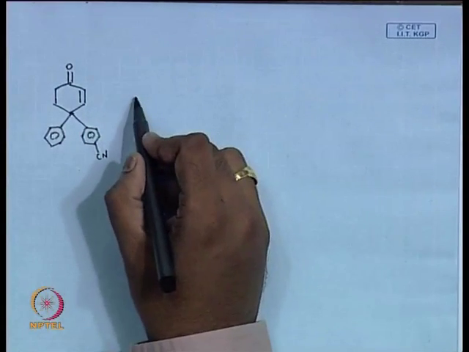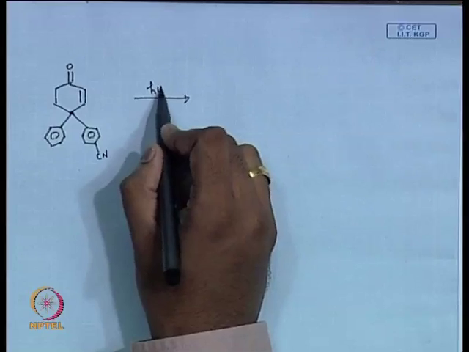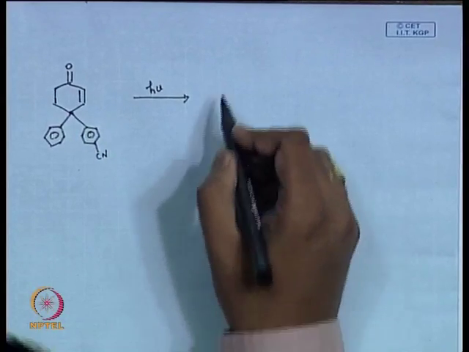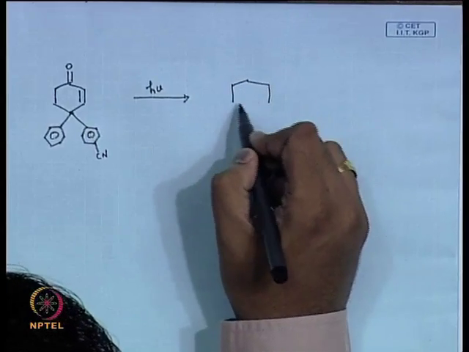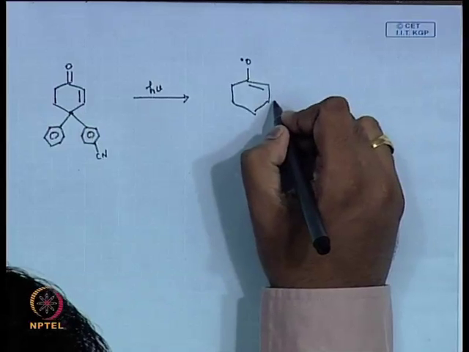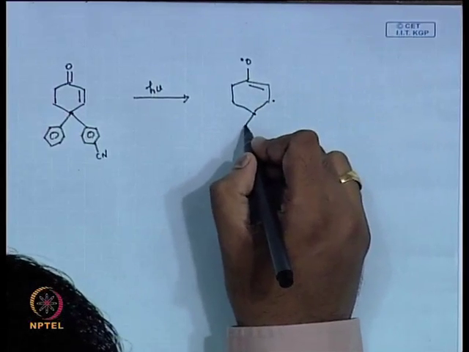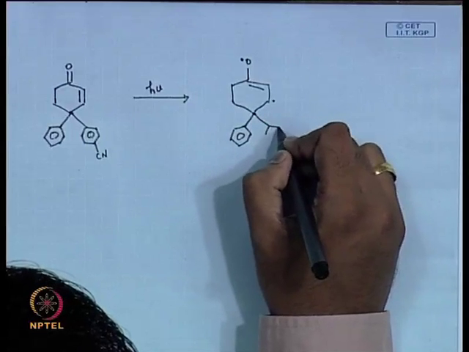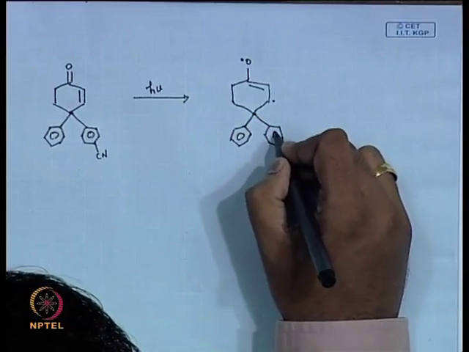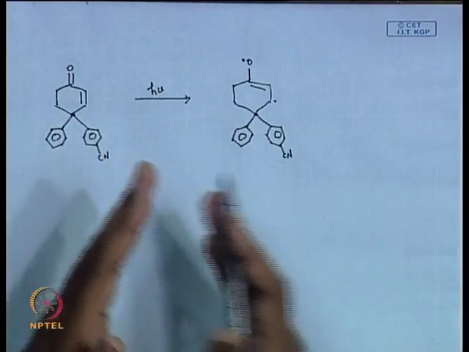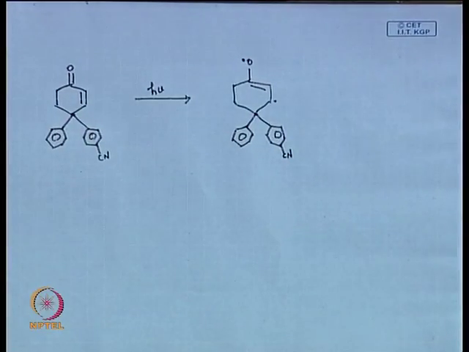In the previous case I had two phenyl systems, right. In this case I am taking two different phenyls. So you know up to this, right. It undergoes singlet, then intersystem crossing, then the equilibrium structure of this.